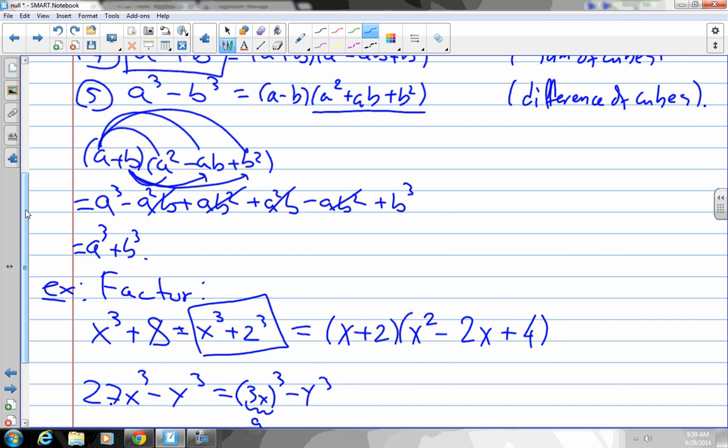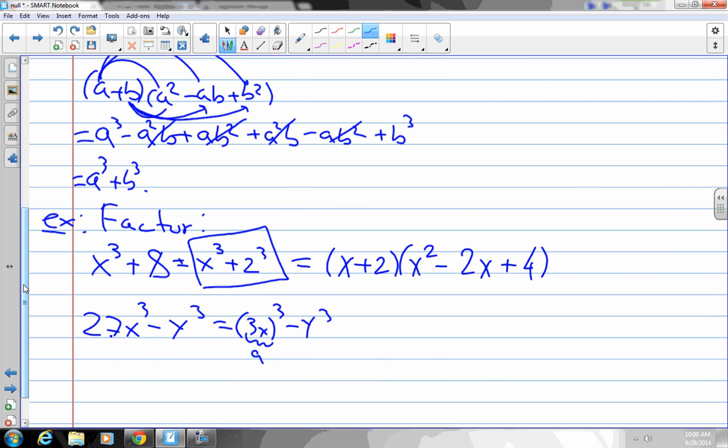Right? Yeah, because again, this is something cubed. Well, 3 cubed is 27. Right? Because again, this formula says it has to have a quantity that is cubed. There's nothing in front of A cubed. So you have to also treat 27 as a part of a quantity that is being cubed.